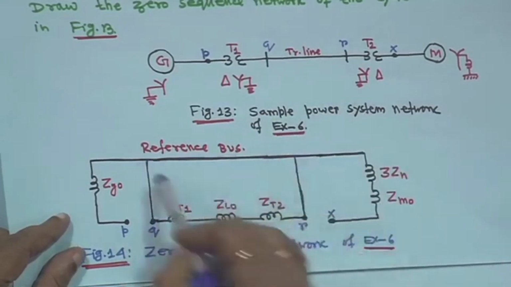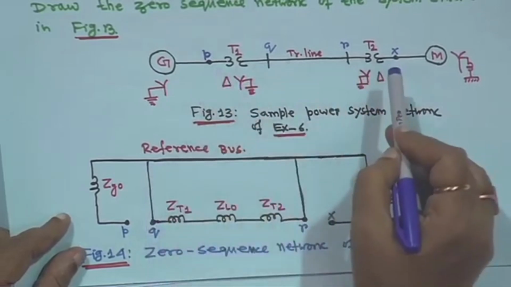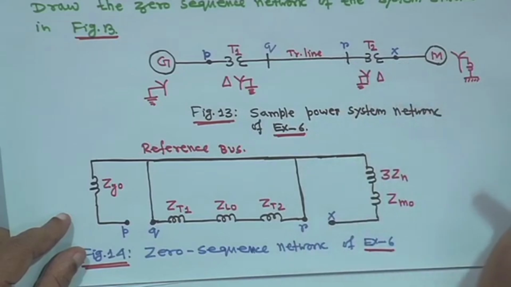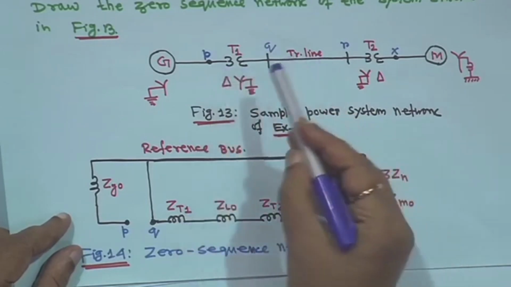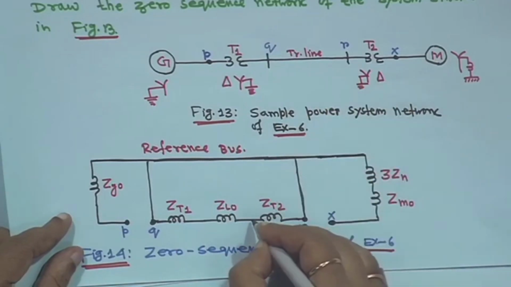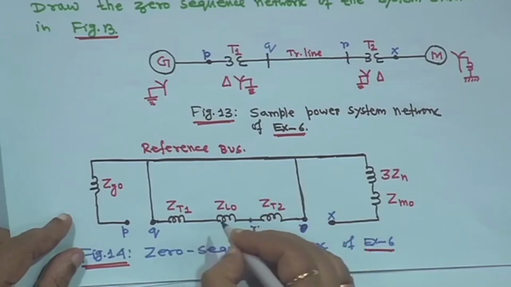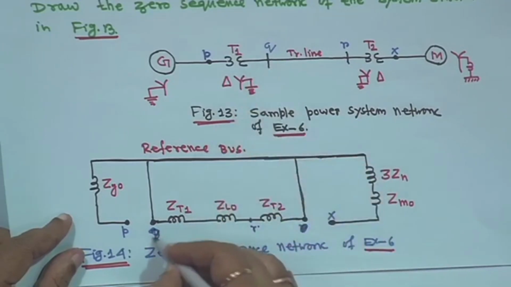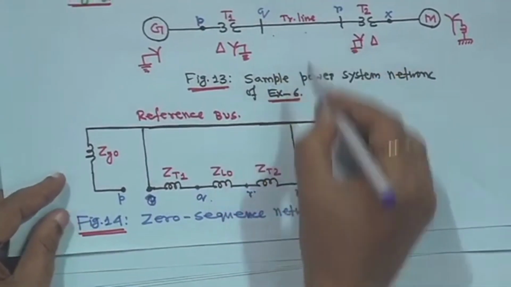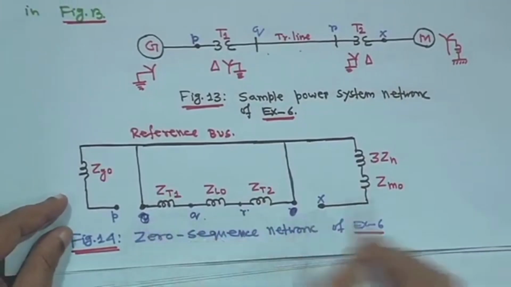So, it is the reference bus; connect this. This is your P, and this point is R, right. This point actually should not be R; this is your QR line. So, this is before the transformer. This point should have been R, and this point is actually Q. This is Q, this is R, the Q-R transmission line; by mistake I have written it here.